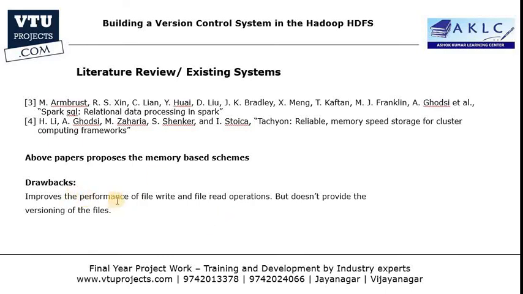It improves the performance of file write and file read operations, but it doesn't provide versioning of the files. So these memory based schemes, once again, will not guarantee versioning of the files, but the performance of file write and file read operations will be improved a lot. So these are the drawbacks of these couple of papers.